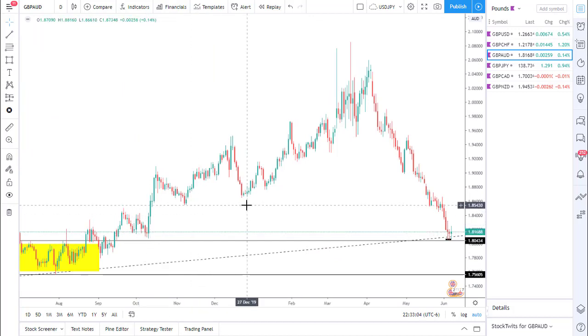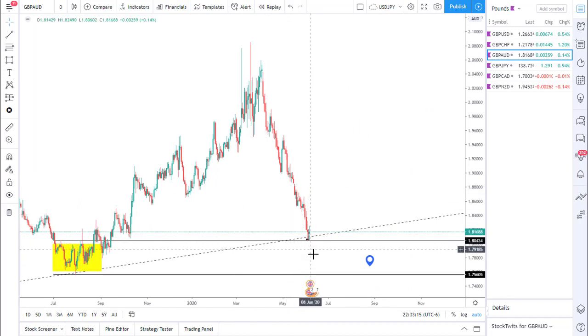All right, that's valid. That's okay. Price can even bounce up from there. It doesn't matter. I'm just saying that I would like to wait for the price to go a little bit deep into the zone and then look for those types of confirmations.